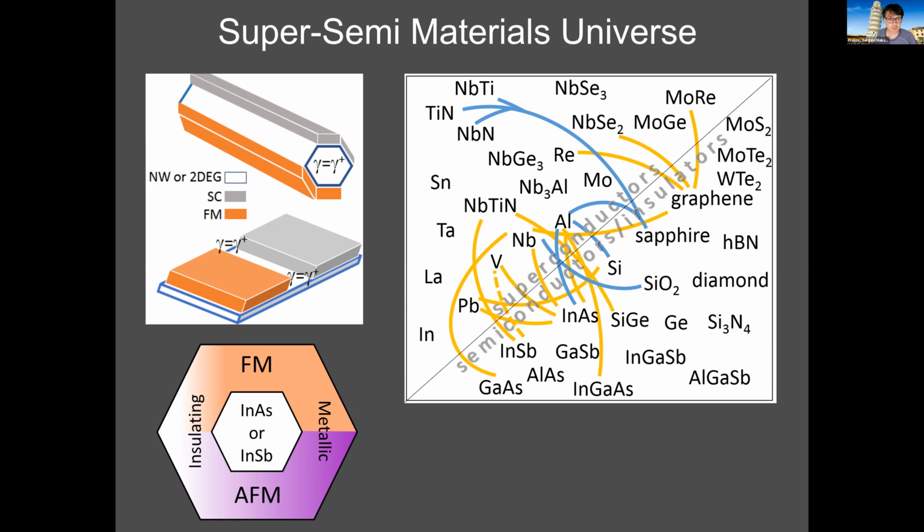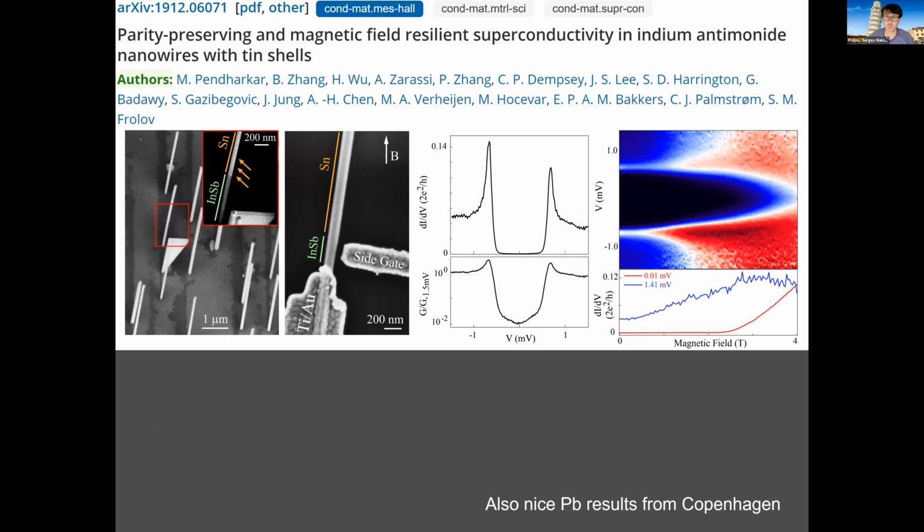Okay, so I want to advertise one piece of work that we've done. There is work by others, like in Copenhagen, nice work on lead, which is similar. But here, we took again the indium antimonide wires, so you can see them standing up on the left. But then the chip also has some of them growing as flakes. So these triangles are flakes, also of indium antimonide.